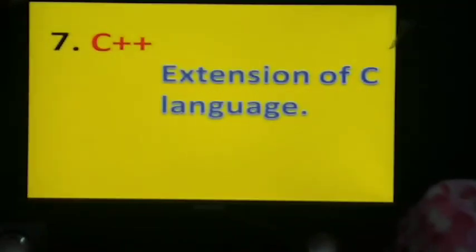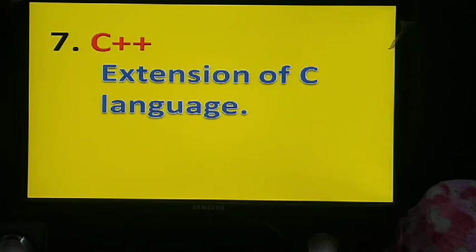Number 7. 7 number matching is C++. The matching of this answer is extension of C language.